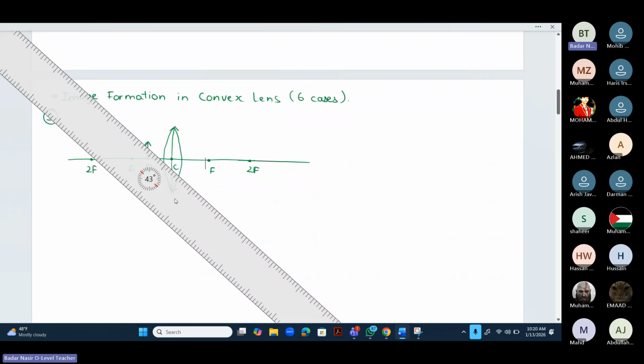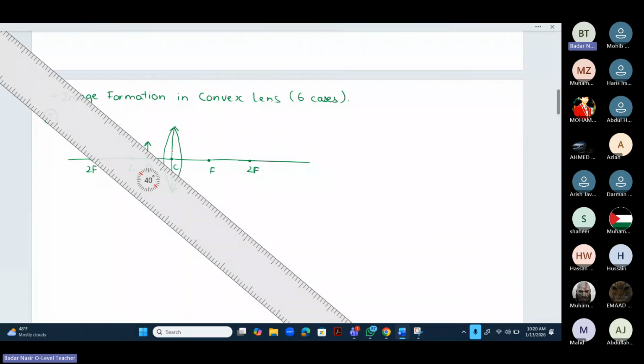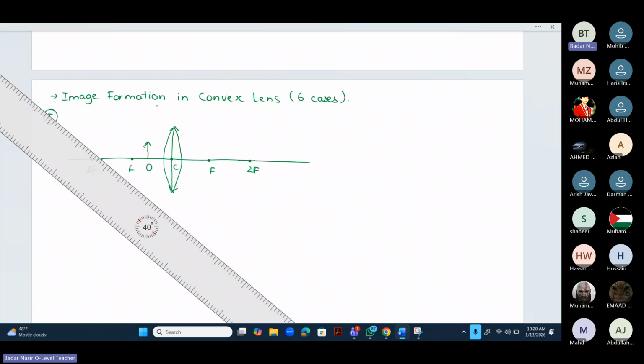The first thing you need to do is this: this is the top of the lens and this is the optical center.